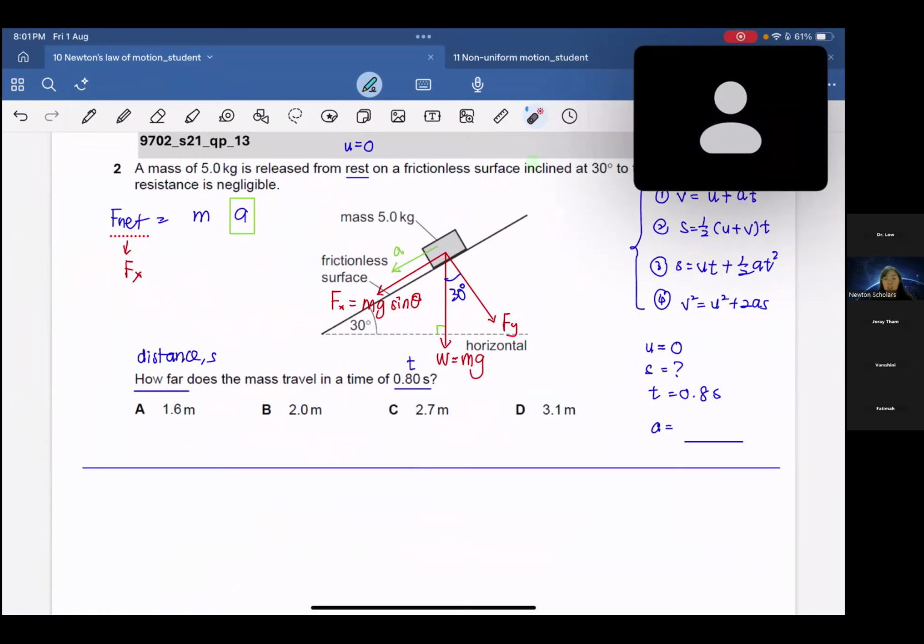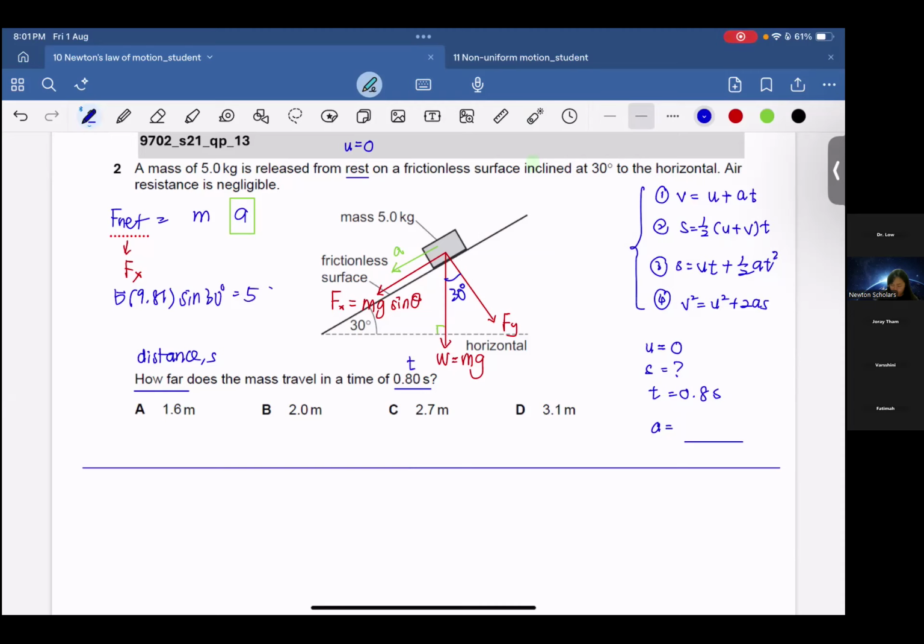Any of you able to find 4.905? Thank you, Washini. Yes. So at here, mg, M is 5 kg, then G is 9.81, sine 30 degree equals to 5A.